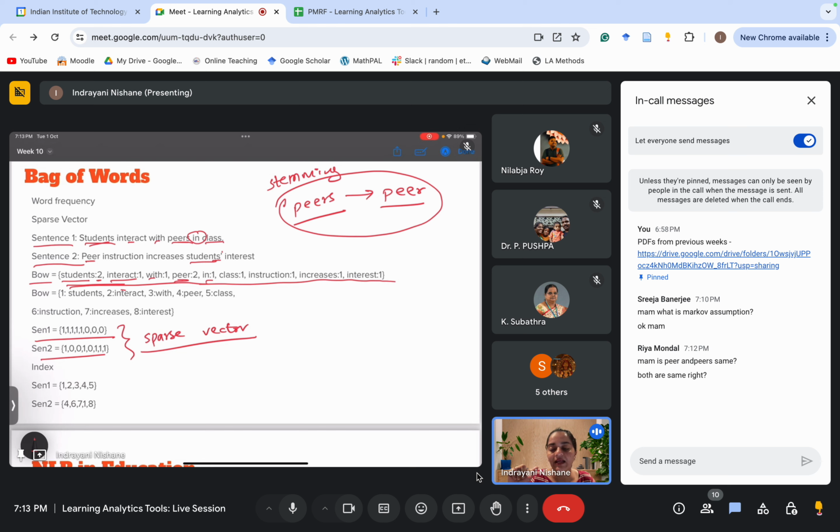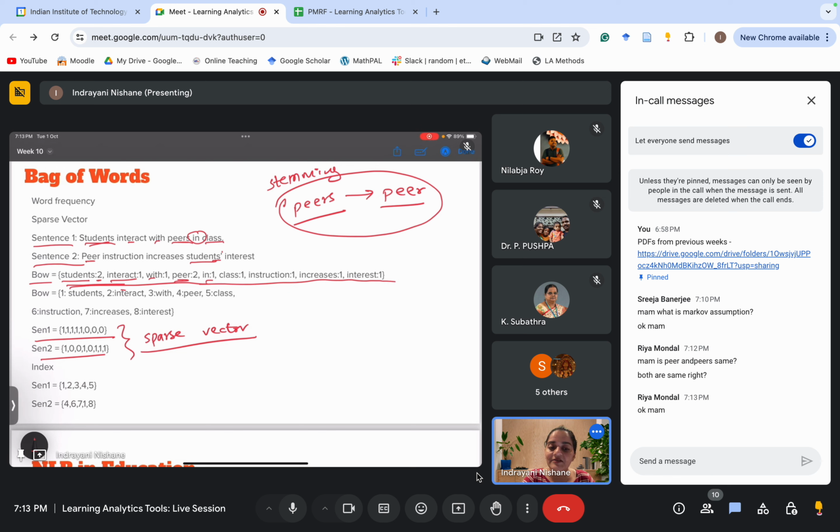Interacted and interacting: if the sentence is, students interacted with the peers in the class, and now students are interacting with the teacher in the class, in that way interacted and interacting will also be lemmatized to interact, and will be interpreted as the same word. So that's why peers and peer are the same word for the computer.